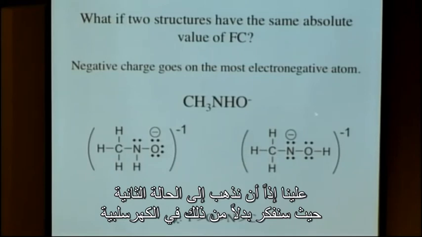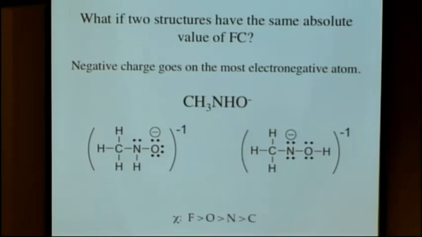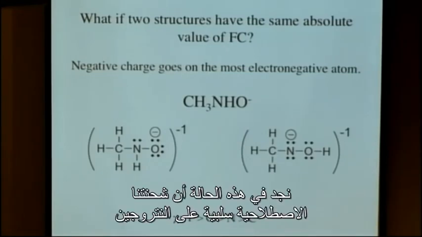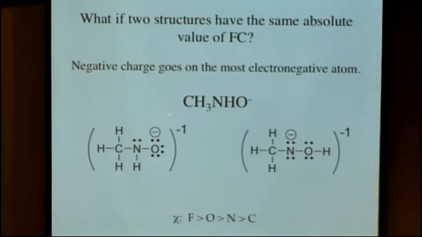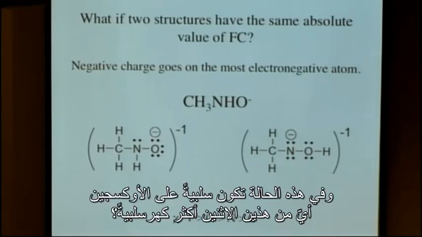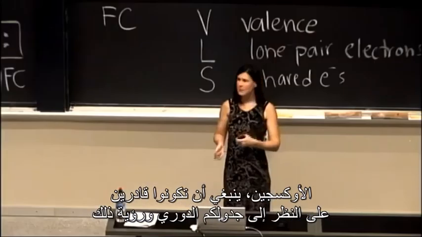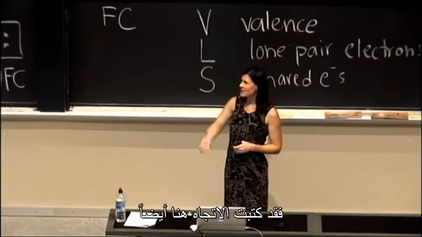So we need to go to this second case where we're instead going to think about electronegativity, and we want to think about which atom is the most electronegative. In this case, we see that our formal charge is negative on the nitrogen. In this case, it's negative on the oxygen. Which of those two is more electronegative? The oxygen. You should be able to look at your periodic table and see this, or also I've written the trend here.